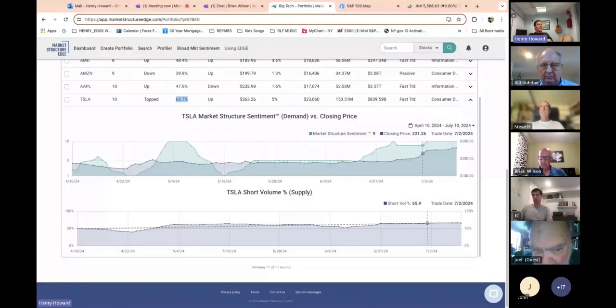My point being is, when we see high short volumes, it's not necessarily a measure of people or activity in the market that's anticipating a decline. A lot of that short volume is actually just perceiving risk. So whether that risk formulates into lower prices or not, we can't always rely on short volume entirely to say the stock's going to go down or the stock's going to go up.